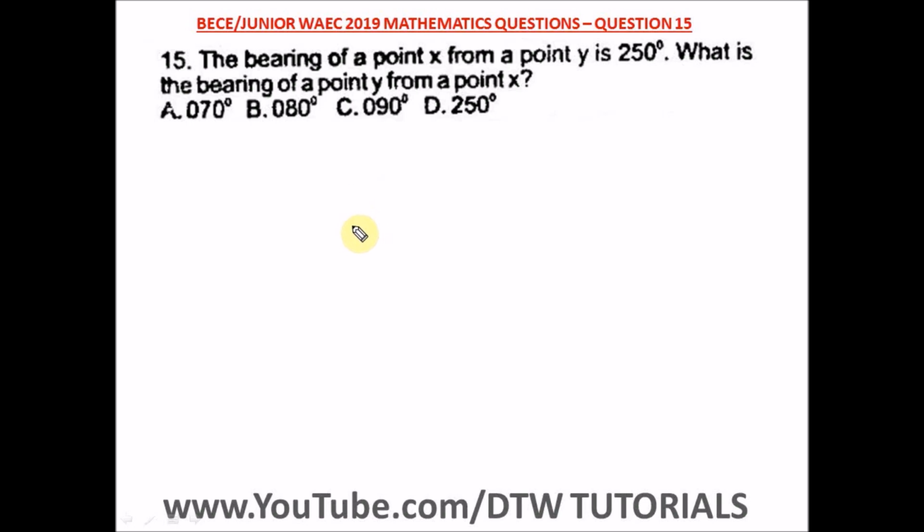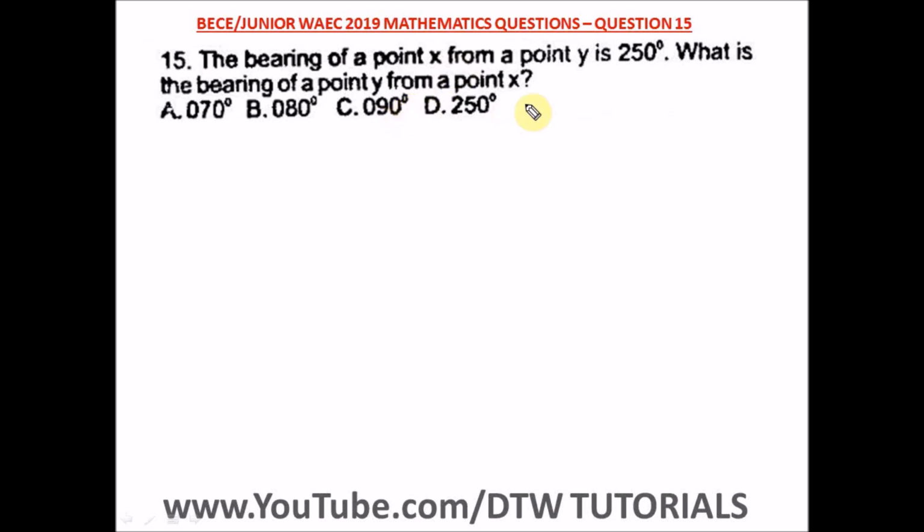Question 15 of the BECE Junior WAEC 2019 Mathematics Past Question. It says the bearing of a point X from a point Y is 250 degrees. What is the bearing of a point Y from a point X? This is bearing, and this system is a 3-digit bearing.